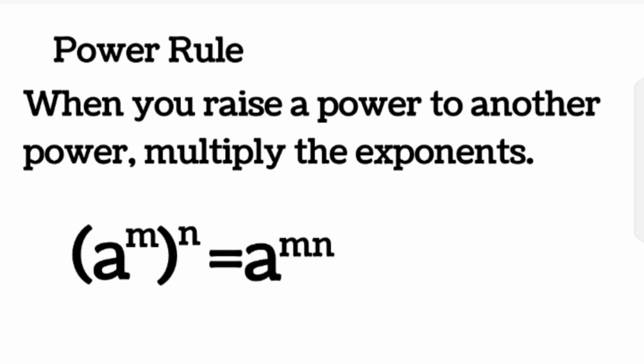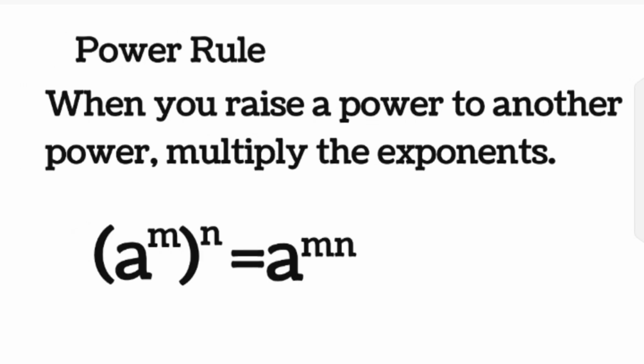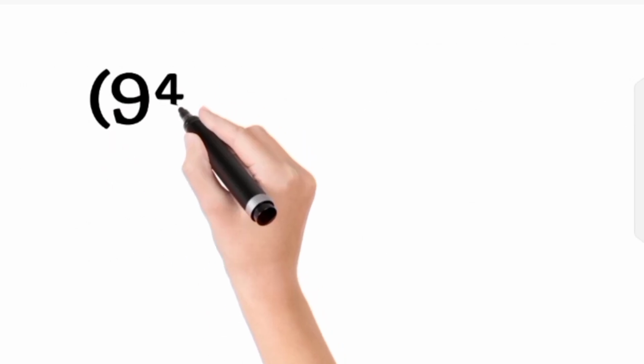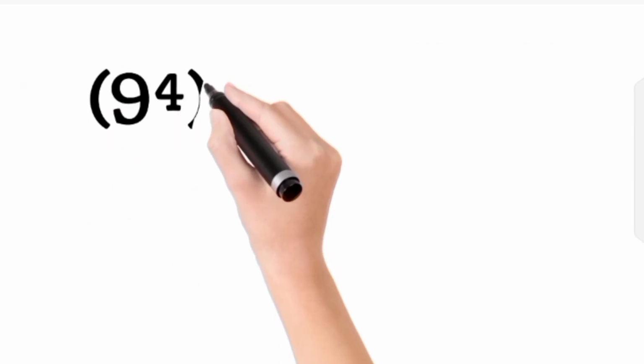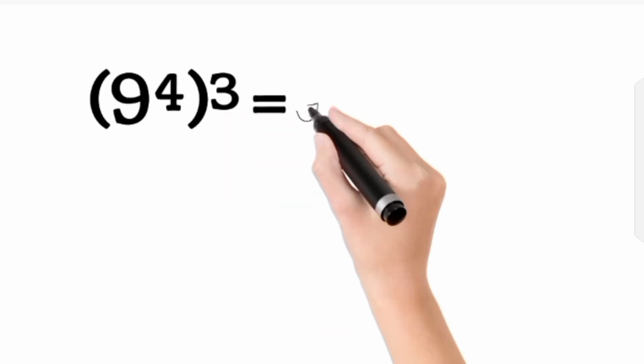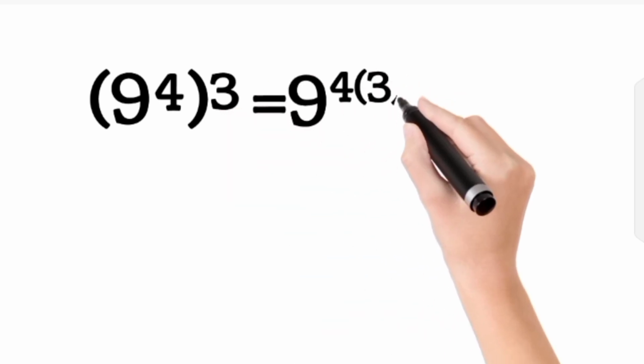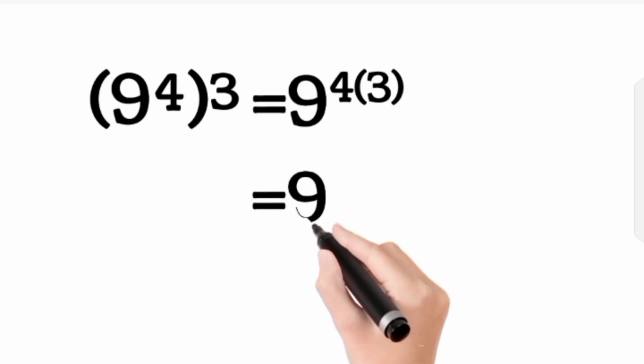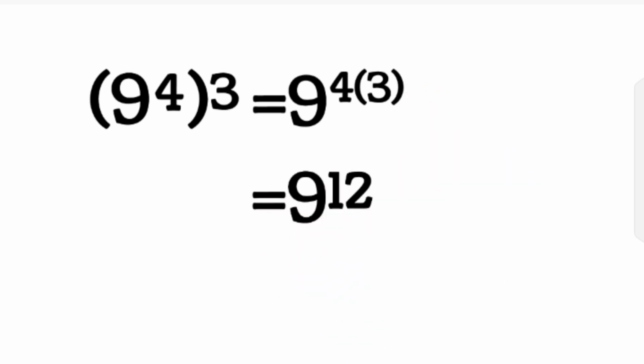So for example, we have 9 to the power 4 raised again to the power 3, which equals 9 to the power 4 times 3, which equals 9 to the power 12.